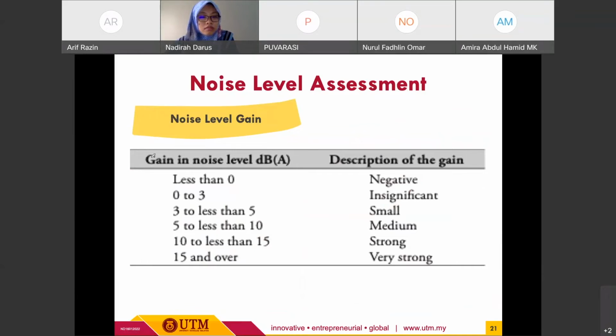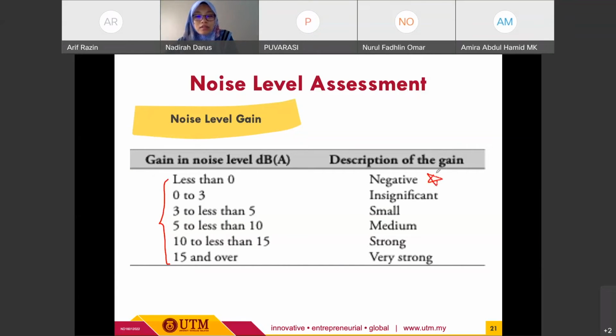Tak clear kat table ni. Okay, so untuk noise level gain, dia ada several types of category. Okay, and each of these gains ada dia punya description lah. So if the gain ataupun increment is 0 or less than 0, so that one will be negative lah.